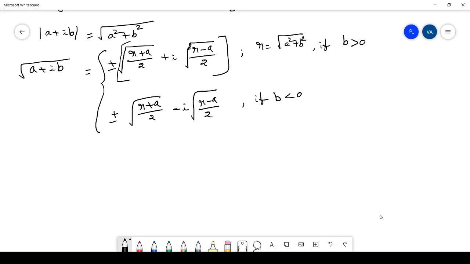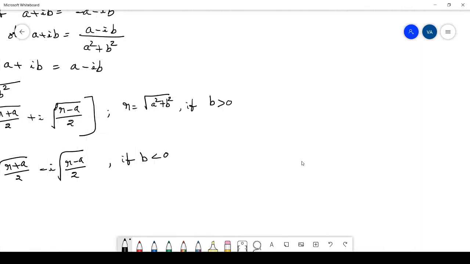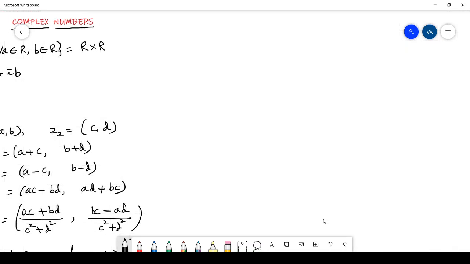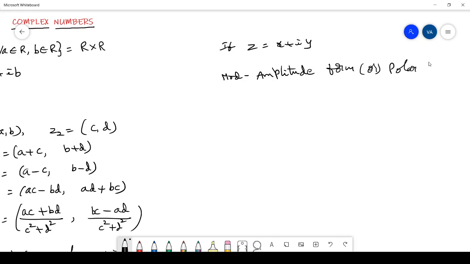Next, if z is equal to x plus iy, then the modulus amplitude form, or polar form, is z equal to r (cos theta plus i sin theta).